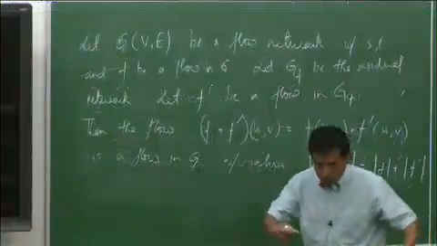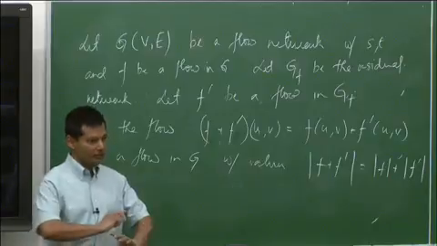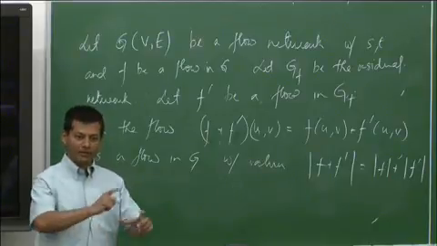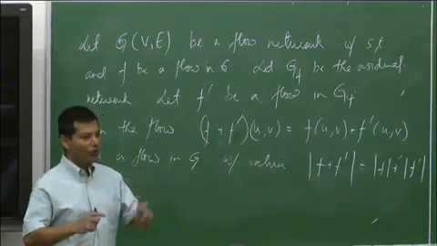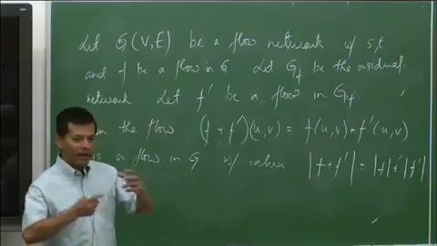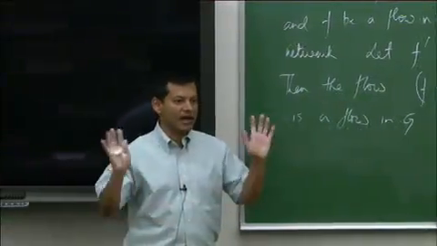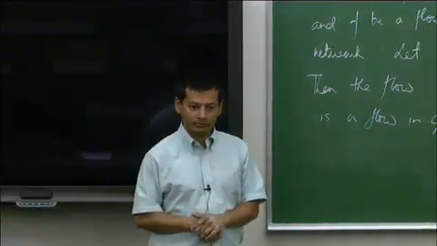I do not really care about looking which way things are going. I simply go and look at each link. I say the capacity constraint is satisfied. I go and see FUV, FVU. I find it skew symmetric. I go to every node other than the source and the sink. I see that flow is conserved. I am happy. It's a flow.